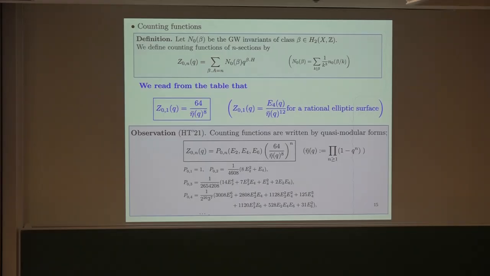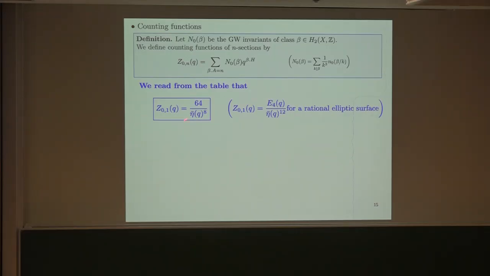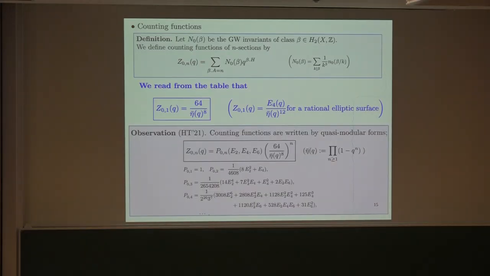So the n equals 2 section, second line, third line, and fourth line, and continue this way. The first line is something like this, the second line is something like this, the third line is like this, and like this. If you make up the generating function, then in this case a modular function appears.